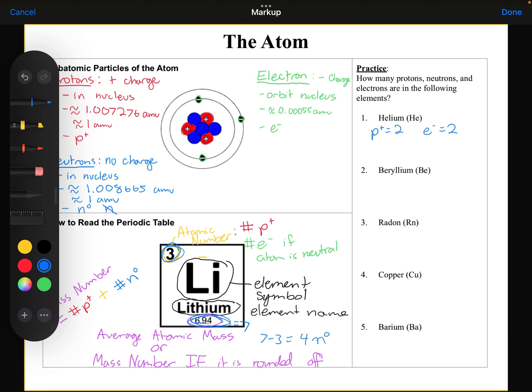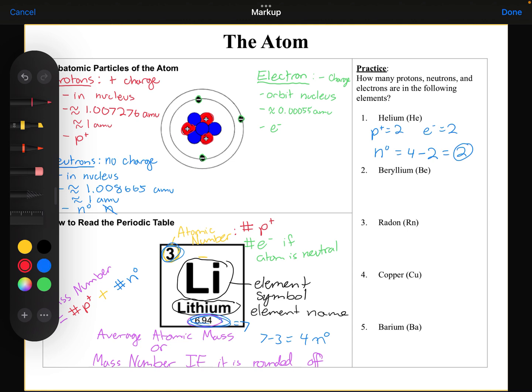The number on the bottom of helium's box is 4.00 roughly. So I'm going to take that 4, that mass number, and I'm going to subtract out the atomic number 2, and that's going to give me 2 neutrons overall.